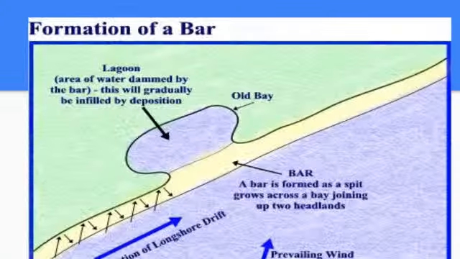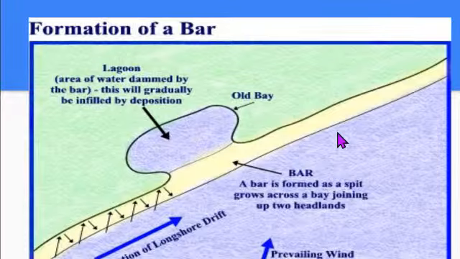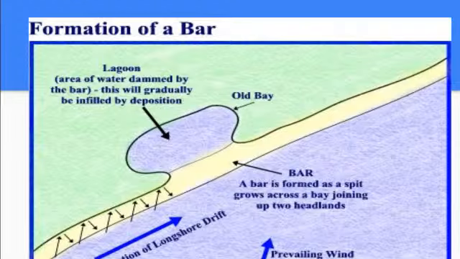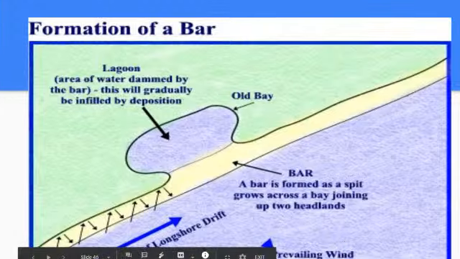And now we're going to look at the formation of a bar. So for the bar, we see the direction of longshore drift again.